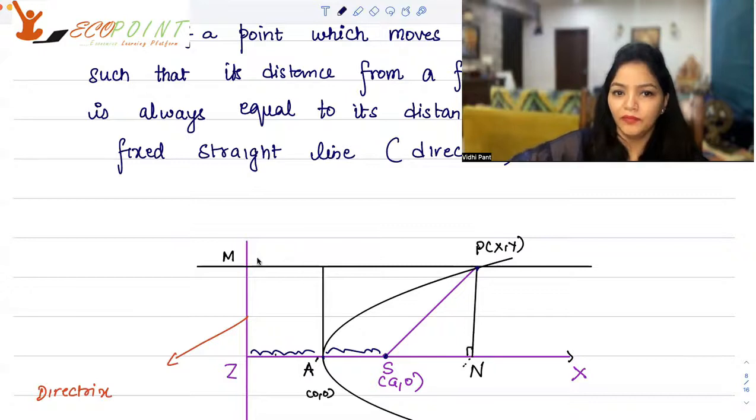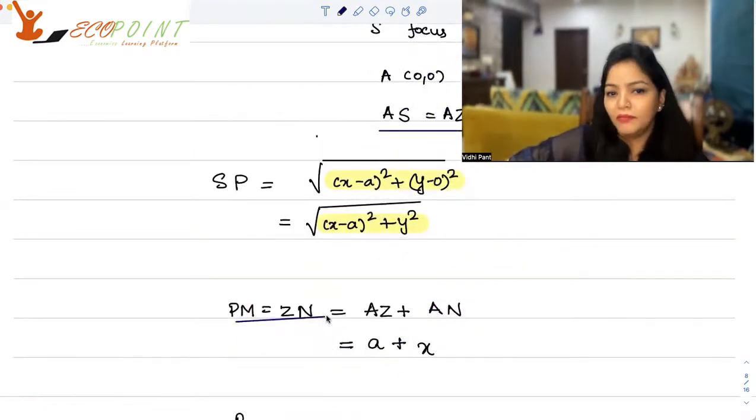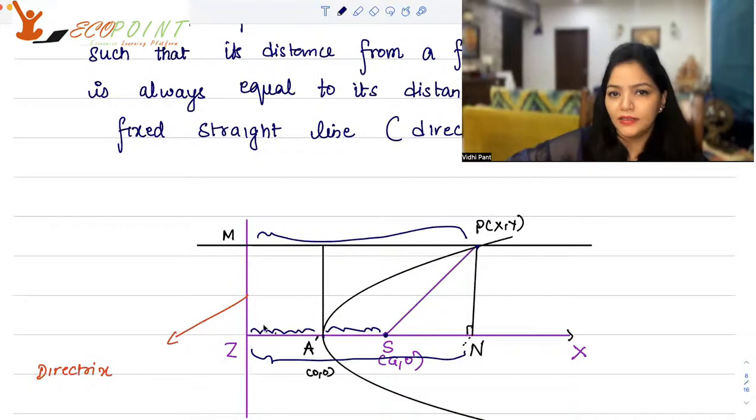Now, PM is equal to Zn, as you can see here. This length is equal to this length that you can see here, right? And Zn is actually equal to AZ plus AN. Now, this is A. You know that this is A, right?